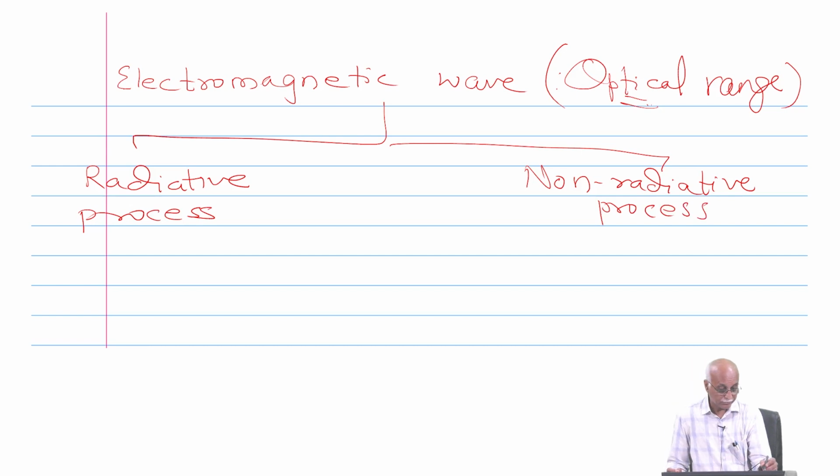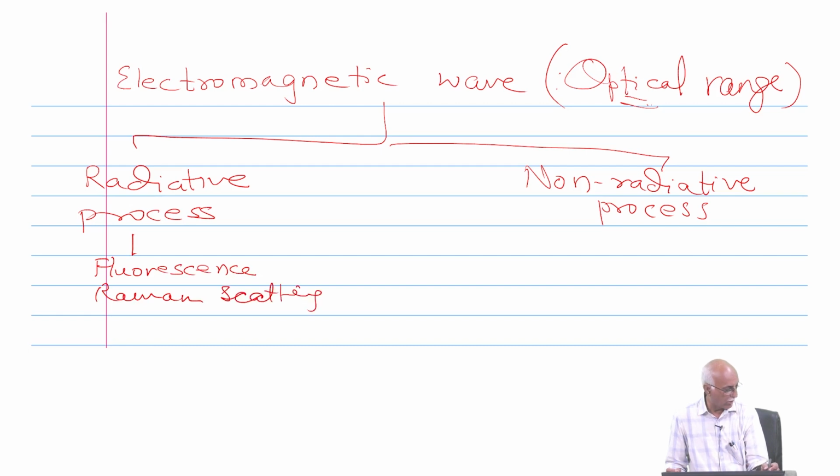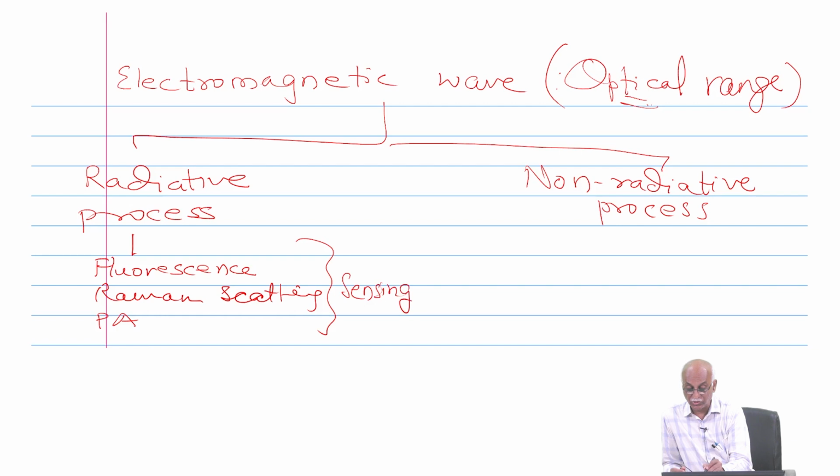The radiative processes may be fluorescence, Raman scattering or scattering processes, Brillouin, etc., or an acoustic signal, so photoacoustic. Most of these are low power systems, and we basically use them for sensing purposes. While there are non-radiative processes wherein we can achieve photochemical reactions.